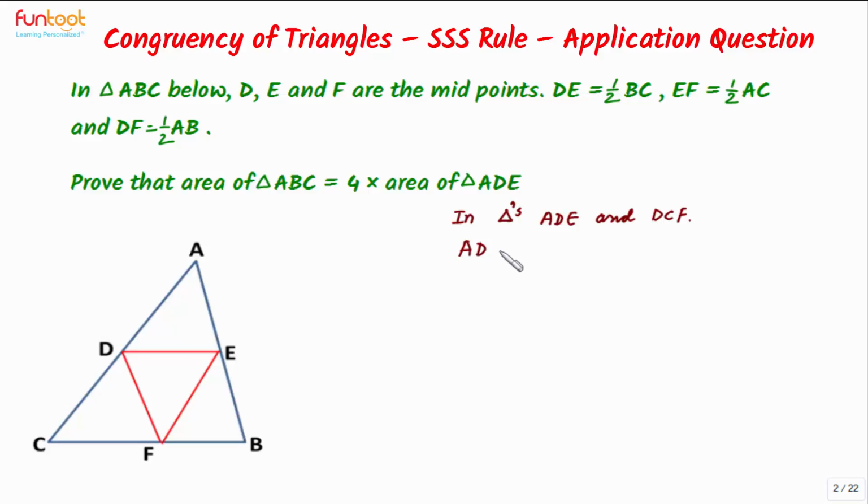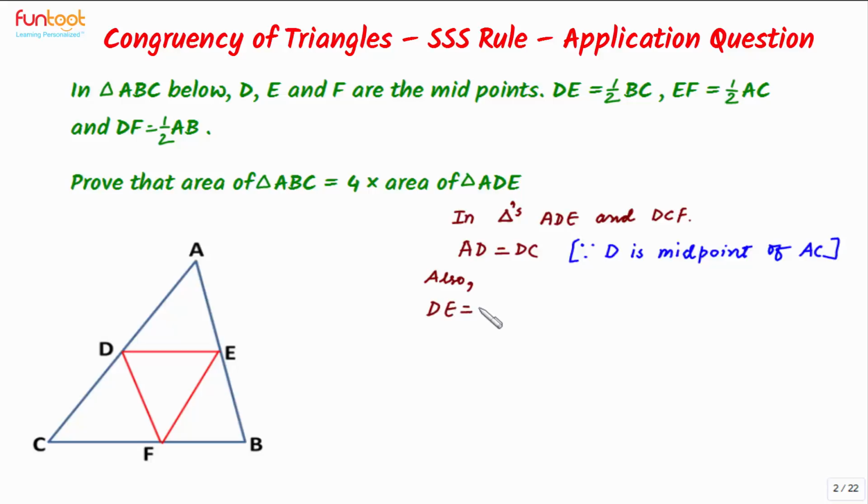AD is equal to DC because D is midpoint of AC, this is given. Also, it is given in the question that DE is equal to half BC.